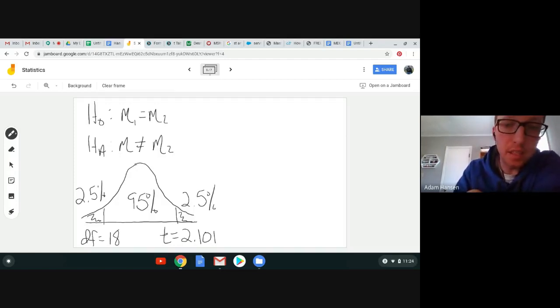And once again, that test statistic formula, I'll write it again, is the difference in our sample means divided by the variance.